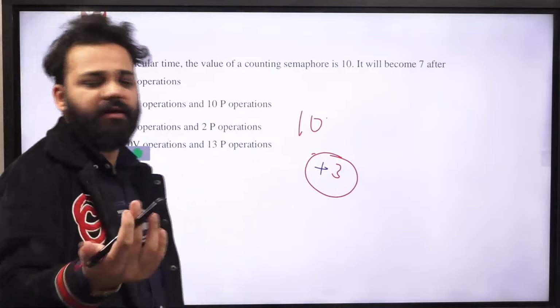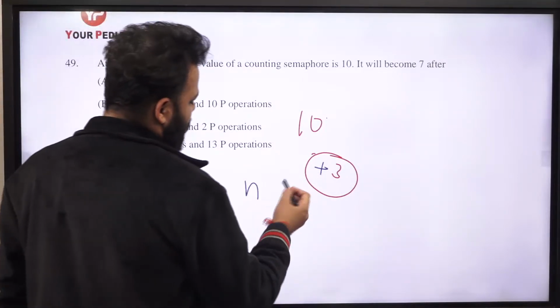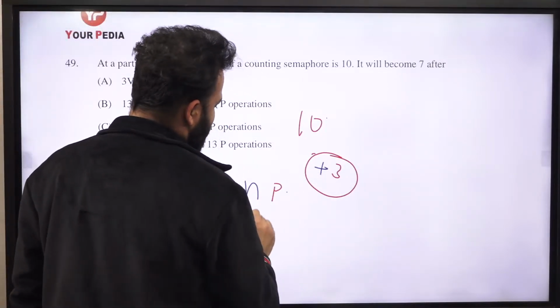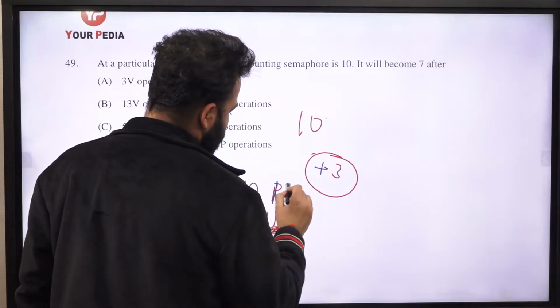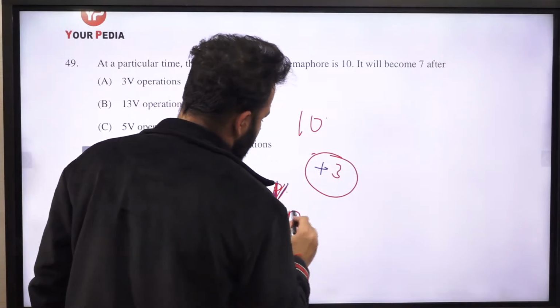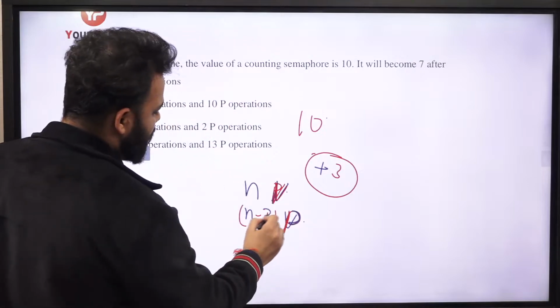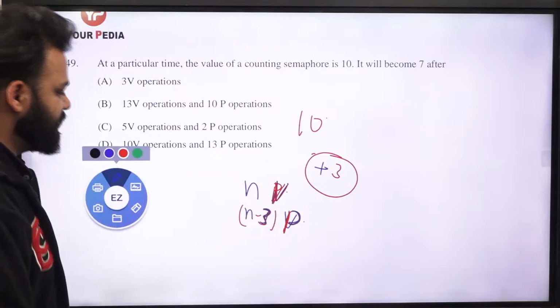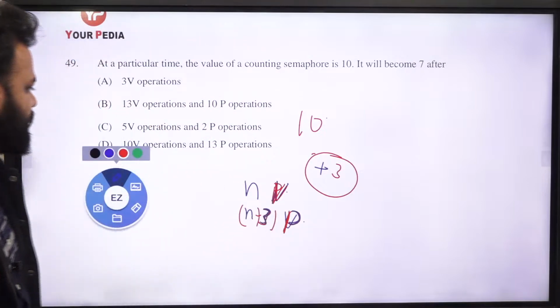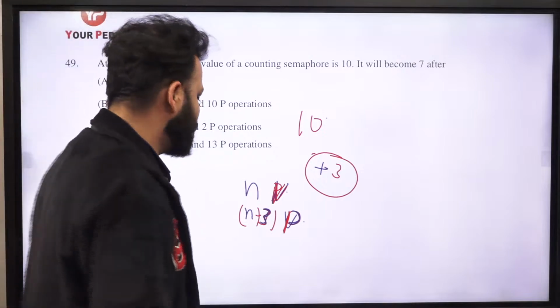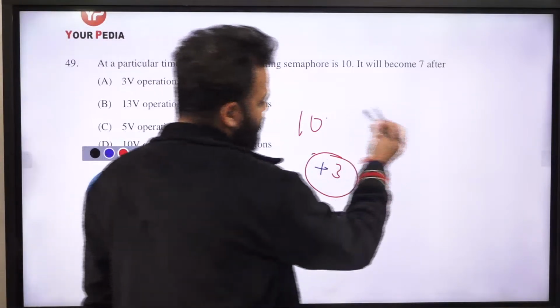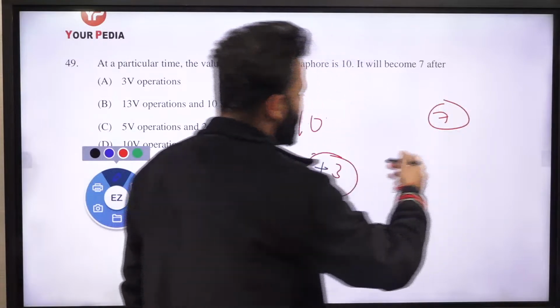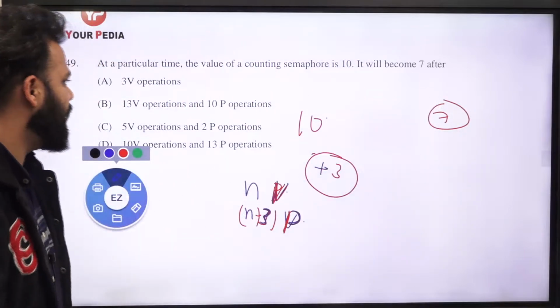If n is the number of up operations, then there were n plus 3 down operations. So if you say I have 0 up operations and 3 down operations, then also your value will become 7, because you will decrease the value of the semaphore by 3.